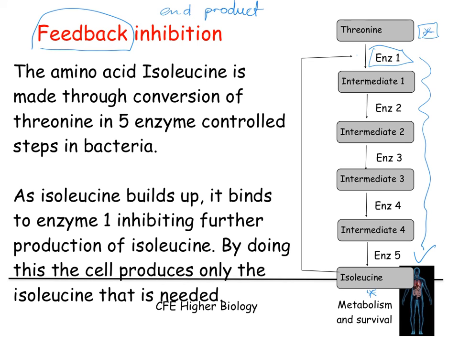And just like I've been talking about before, you've got this allosteric site. And what it does is it binds to the enzyme and inhibits it. And that inhibits any further production of the isoleucine. And by doing that, the cell only produces the amount of the product that it needs.